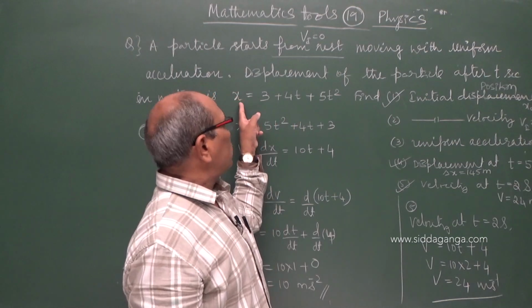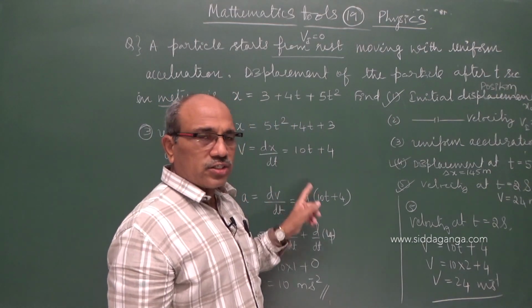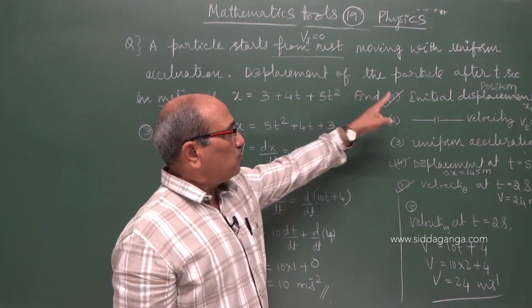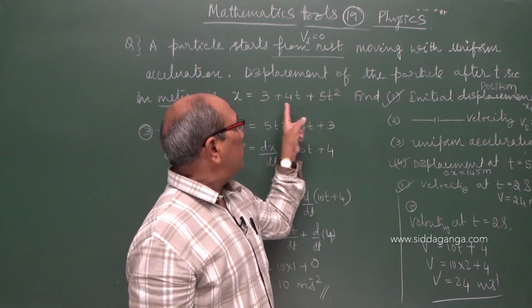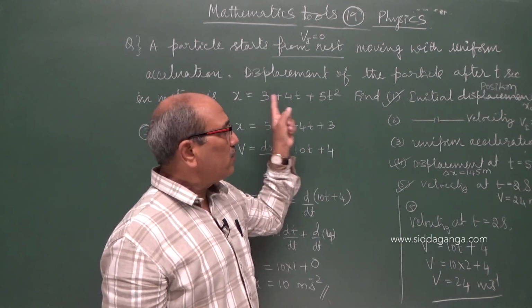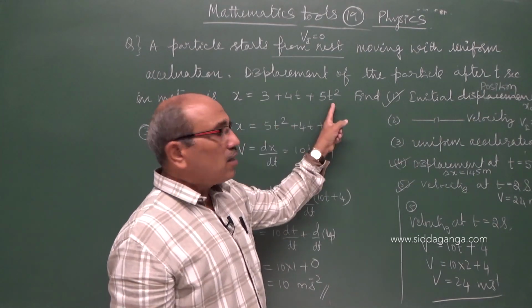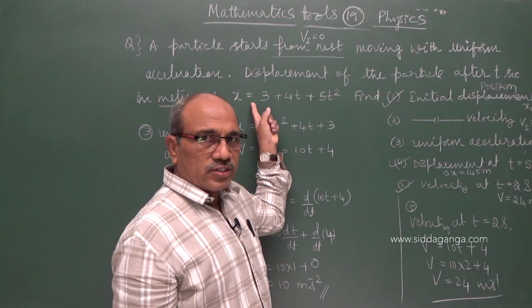Again repeating, because at the beginning you made some corrections: x gives you the position; put time t equal to 0 and you get the initial position as 3 meter. When you put t equal to 5 seconds, you get where the particle is after 5 seconds.